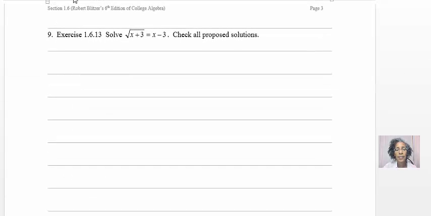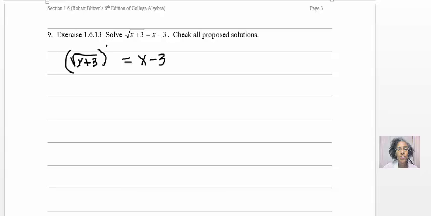All right, so let's look at applying this process to exercise 13 from this section. So I want to solve this. The radical is already isolated on one side of the equals. So my next step, I see I'm dealing with a square root.